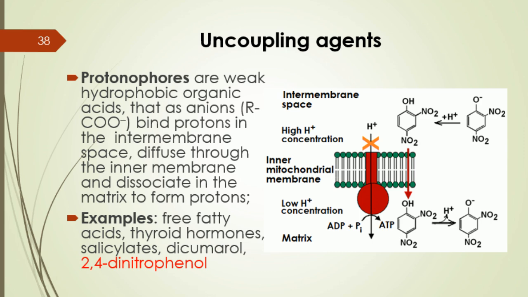As anions they bind protons in the intermembrane space. Then they diffuse through the membrane, bypassing the H+ dependent ATPase, and dissociate in the matrix to release protons. This group includes, for example, free fatty acids, thyroid hormones, salicylates, dicumarol, and 2,4-dinitrophenol, DNP. The mechanism of action of DNP is shown in the figure.